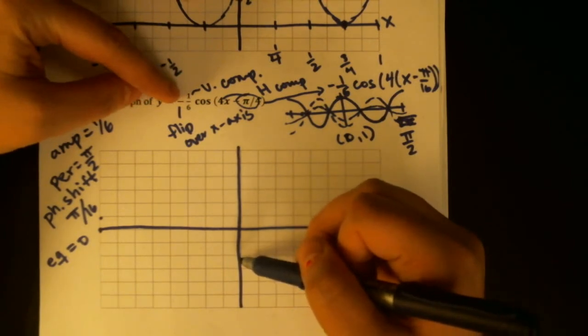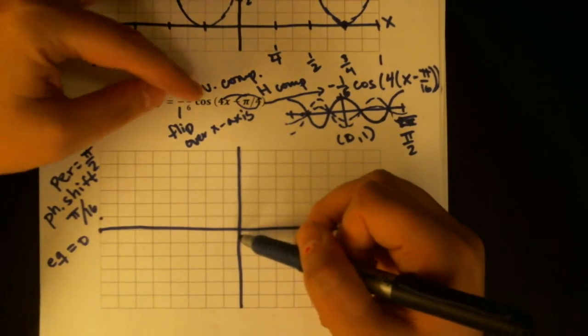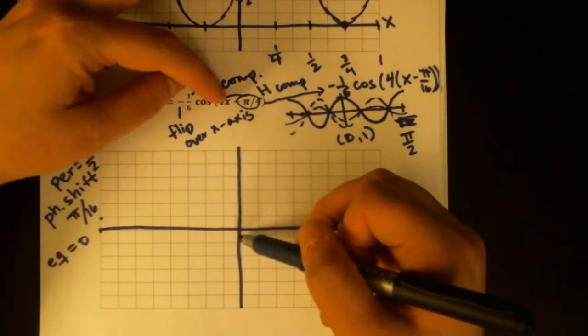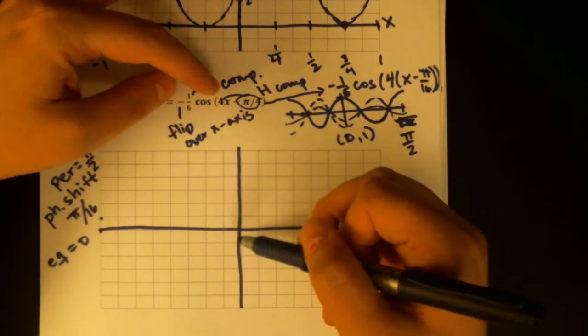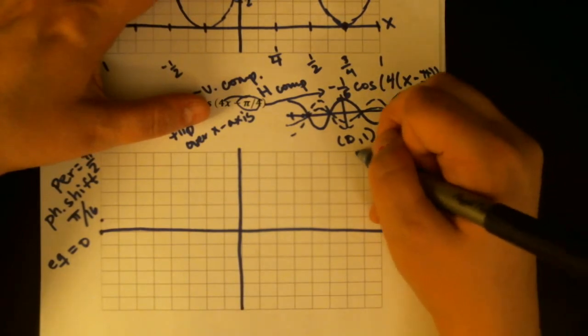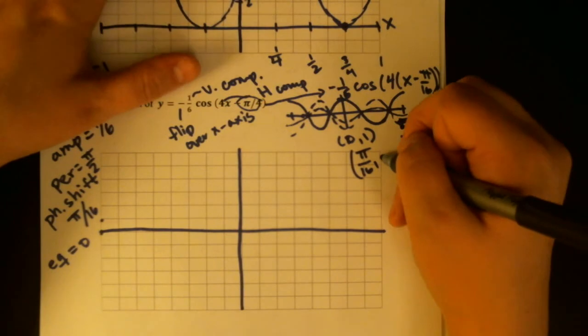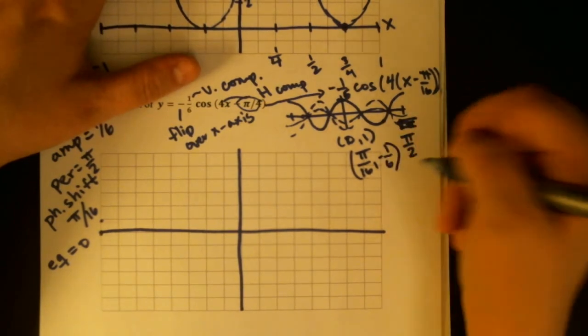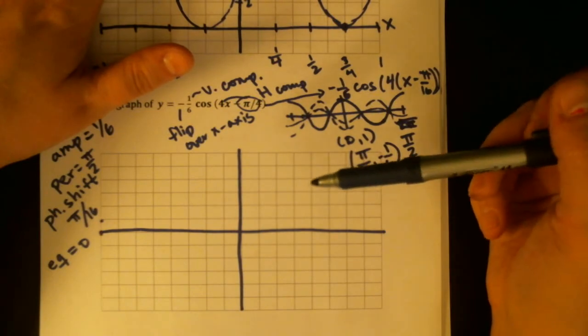And then I compress, and it's 0, -1/6. And then I compress horizontally, which doesn't change the 0. And then I shift to the right pi over 16, so it should land at pi over 16, -1/6. Okay, so pi over 16, -1/6.